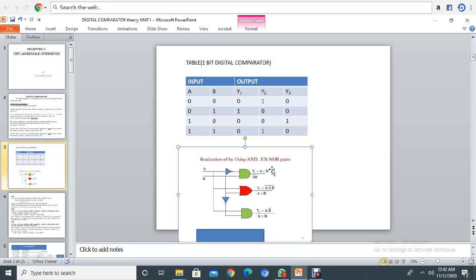In comparator, there are three possible outputs. One is A is equal to B, another one is A is less than B, and the last one is A is greater than B. When you compare two values, we will have three possible outputs.